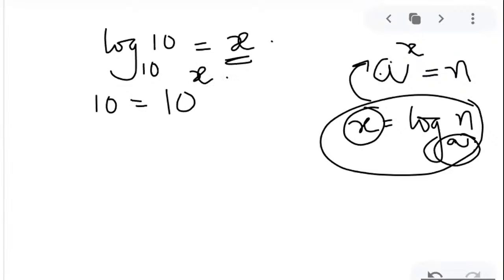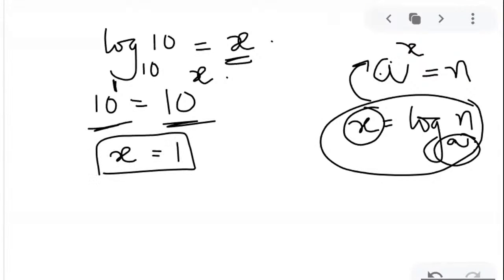So 10 power x. 10 power 1 is equal to 10 power x. If bases are equal, fill in that blank for me. If bases are equal, power should be equal. x is equal to 1. Yes, ma'am. So my answer is equal to 1.